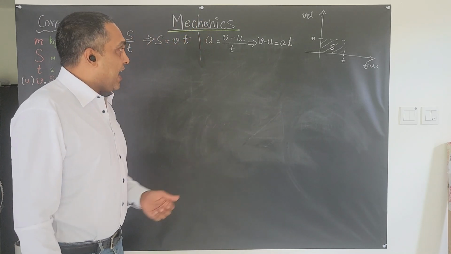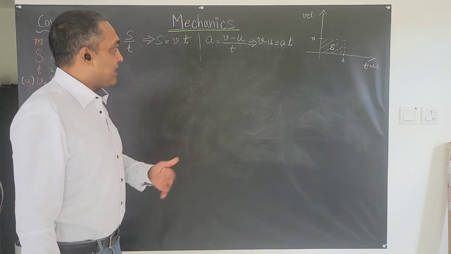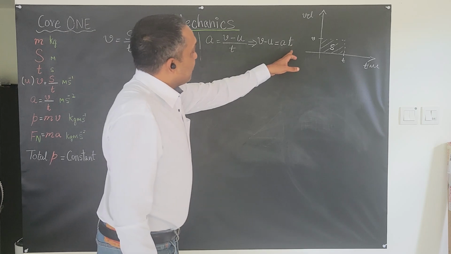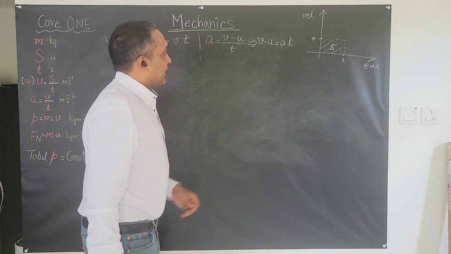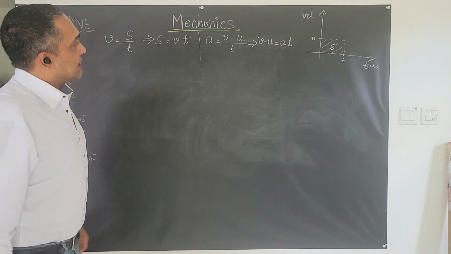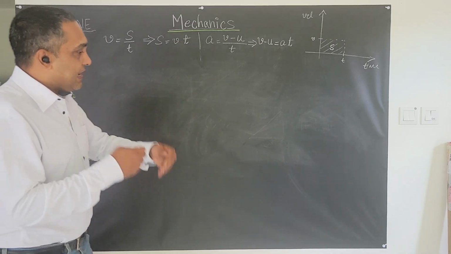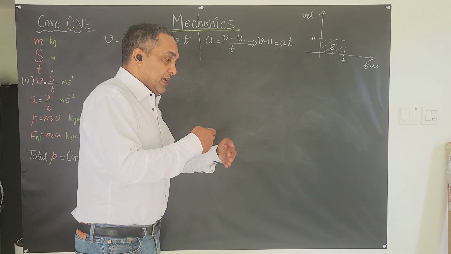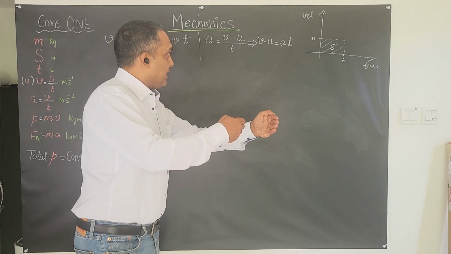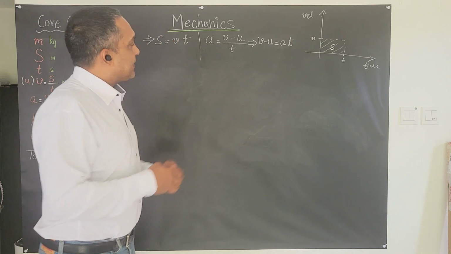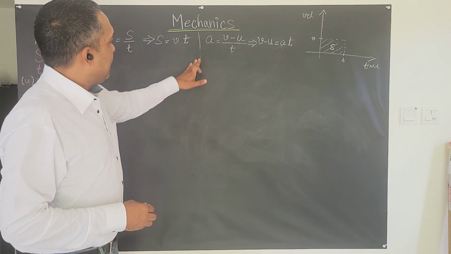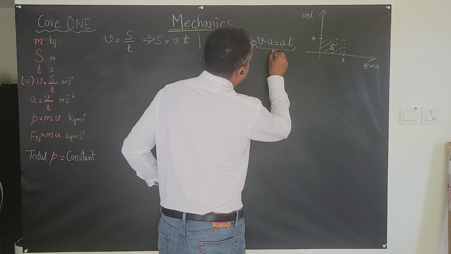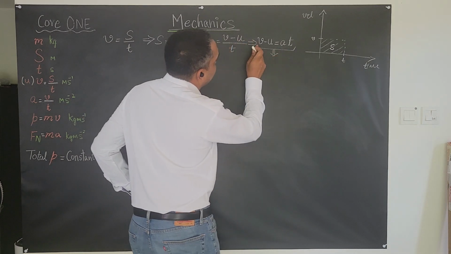So if it was an hour, well, it wouldn't be constantly accelerating for an hour, that would be really fast, but if it was, let's say, 10 seconds, you're maintaining your acceleration at a constant for those 10 seconds. So every second you would increase your velocity by the same amount, and that would happen every subsequent second. That's constant acceleration, right?